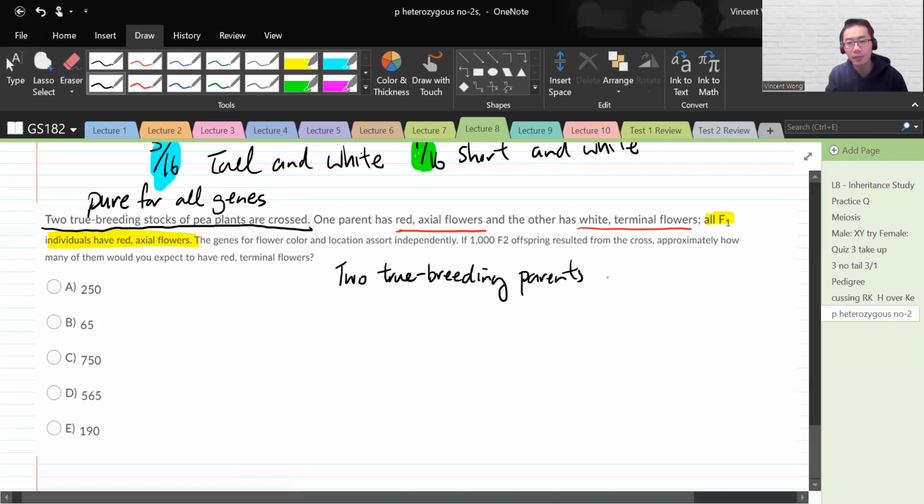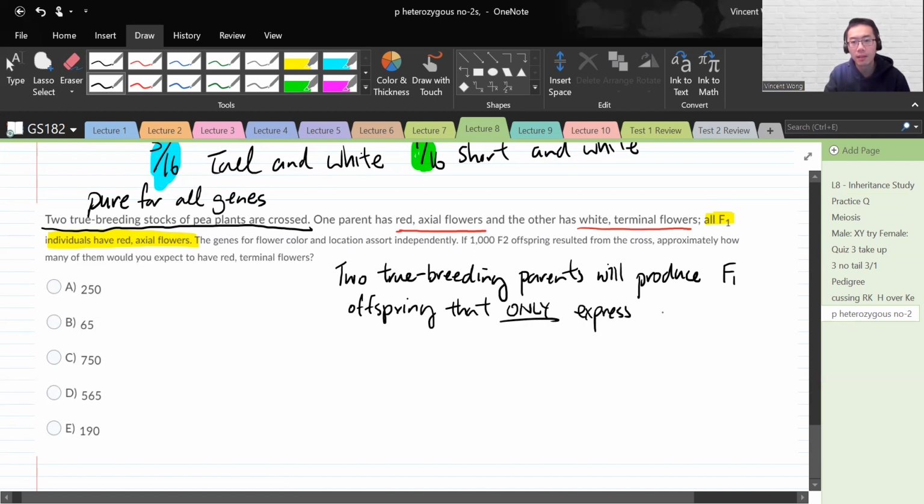If you take them together and have some kids, F1, the first generation offspring, will only express the dominant trait.